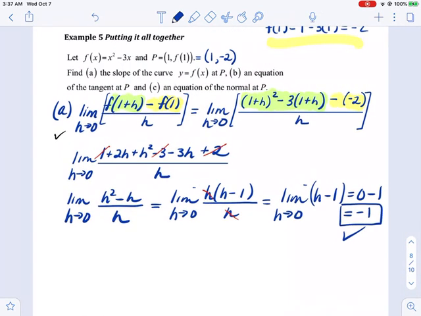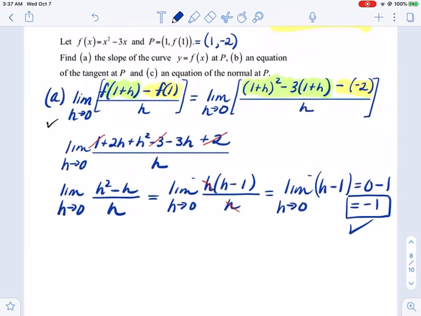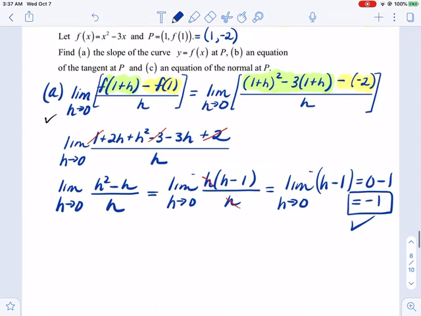All right, so we wanted to find the slope of the curve at P. So we found the slope of the curve at P, so there's our answer to a. A is negative 1. And then for b, we want to write the equation of the tangent line at P. So we already have the point.